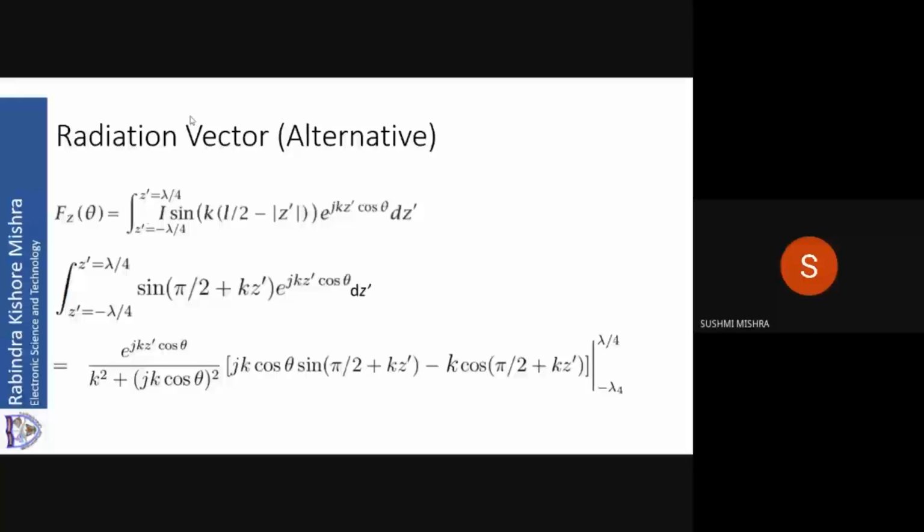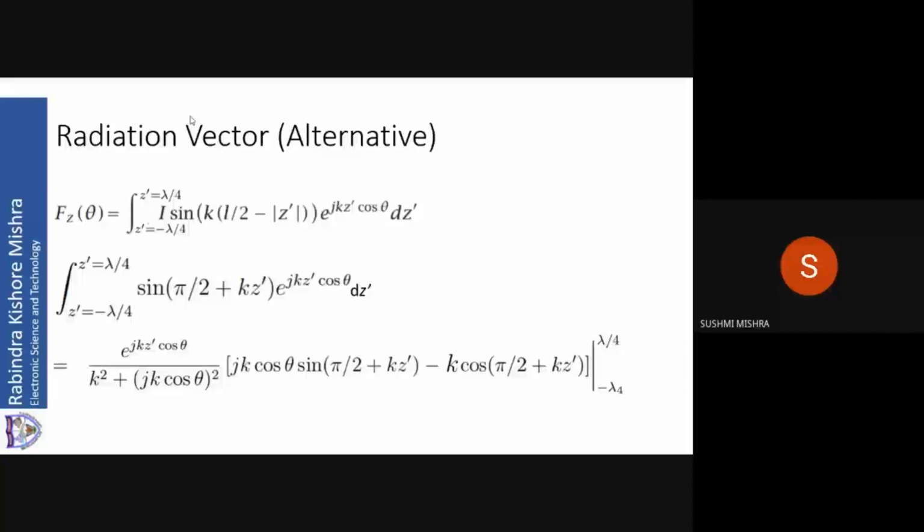We are integrating over z dash. Then I sine k L by 2 minus absolute of z dash, e to the exponential jk z dash cos theta dz dash. Now for the integral part, I is constant, so let me keep I outside. I will multiply I later.